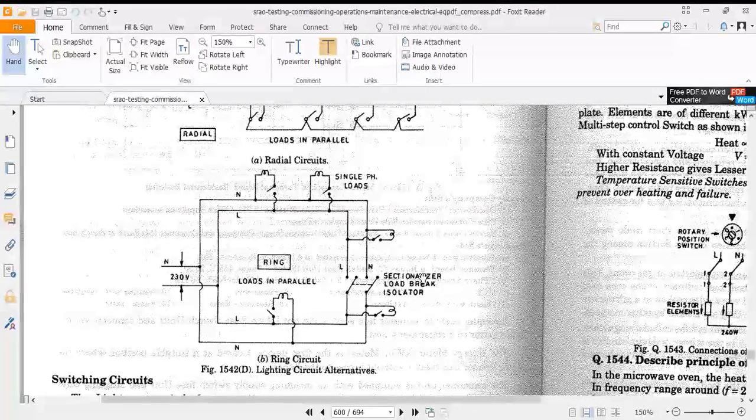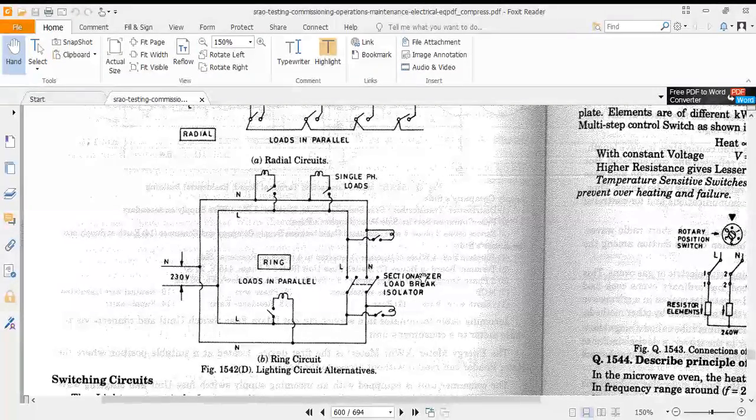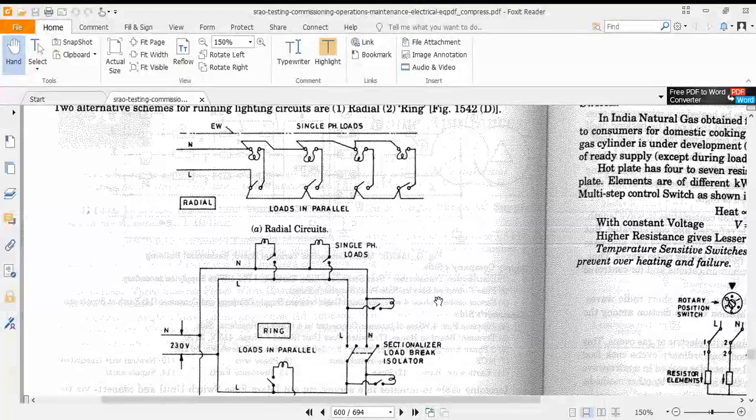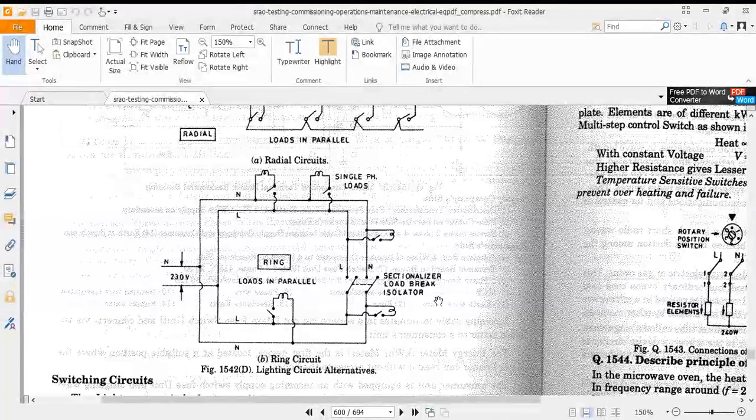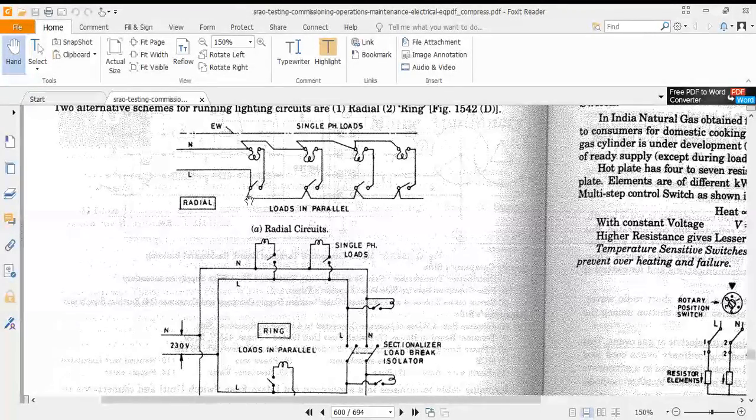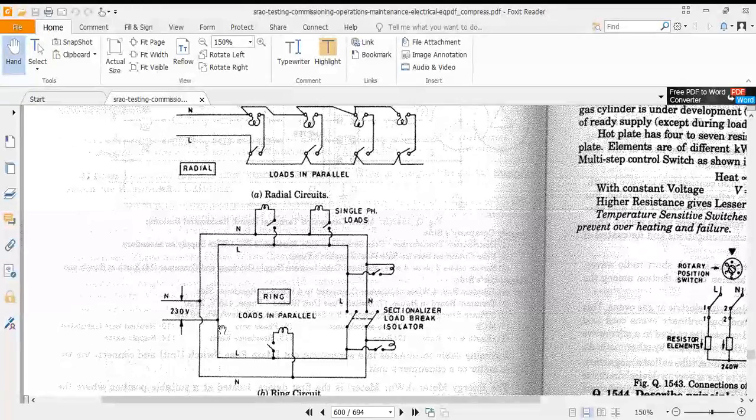Then also we have a radial connection. Can you see this? There is a slight difference between the ring circuit and the radial connection. This is called radial and this is the ring circuit. We have a ring of phase wire, and similarly a ring of neutral wire.